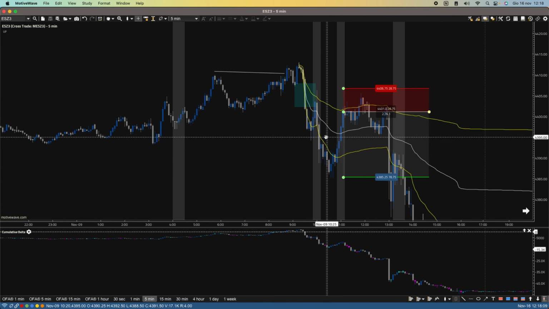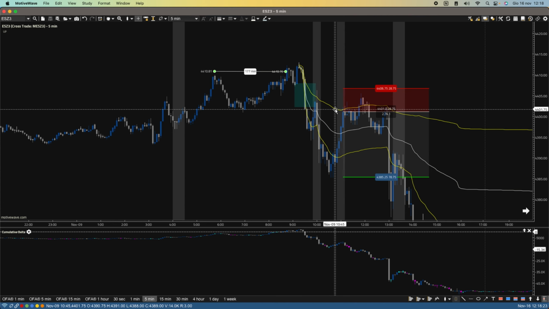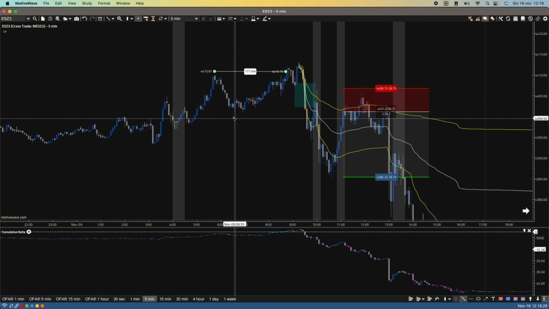It's a beautiful confluence. But everything must start from a liquidity grab and market structure shift, which is here. It's a very good indicator. It's a very good confluence.